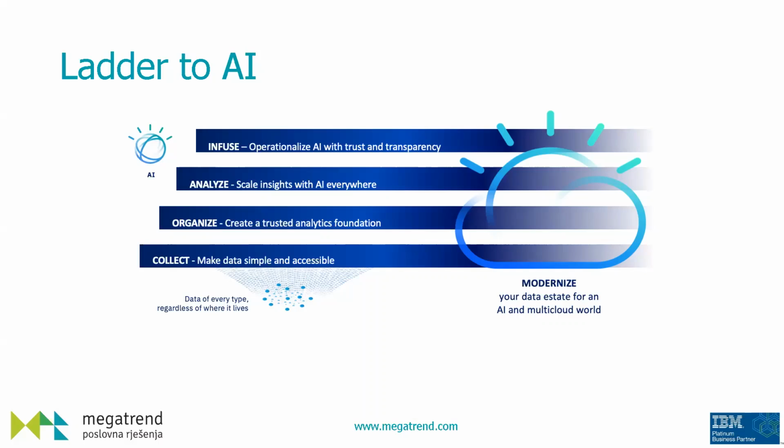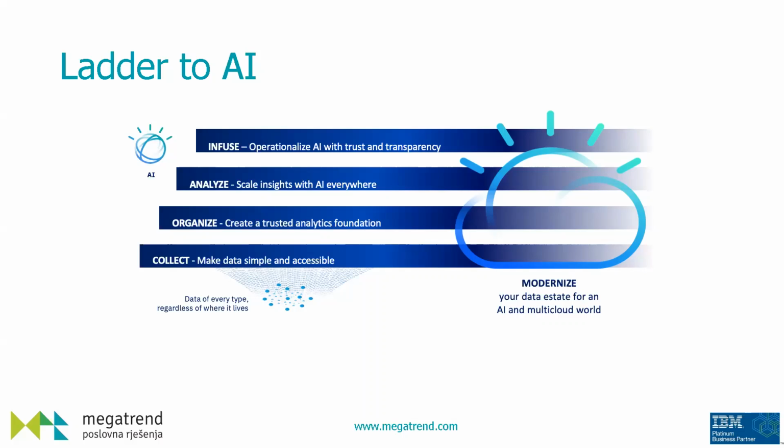So we can have the maximum control of our data, and also organize it to be discoverable, cataloged, profiled, categorized, classified, and secured. So we have one single source of truth in our data before we analyze it.